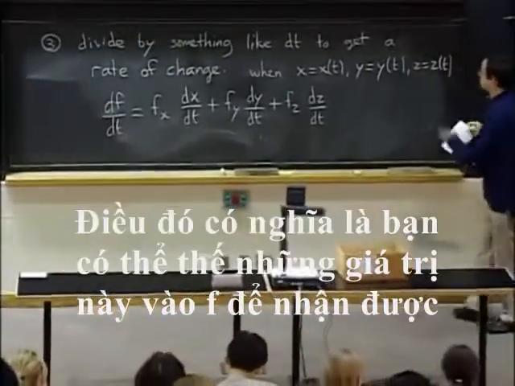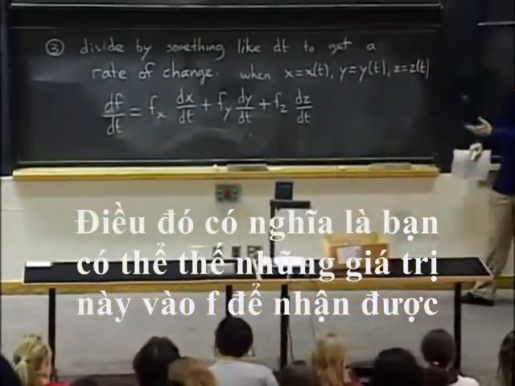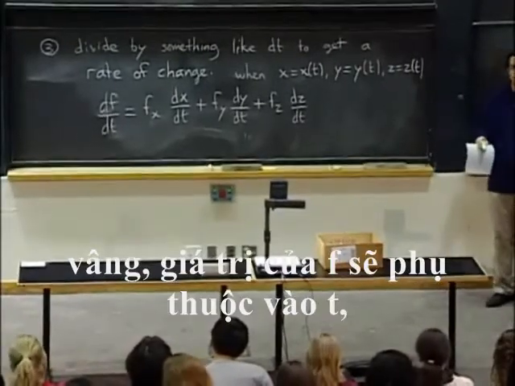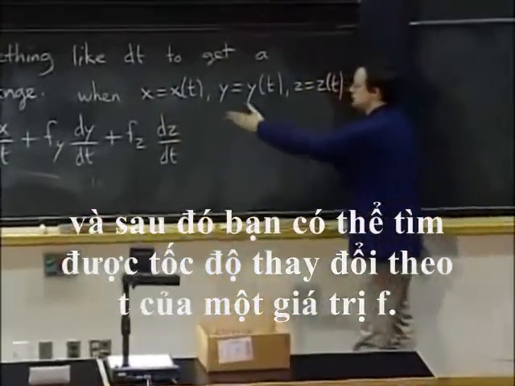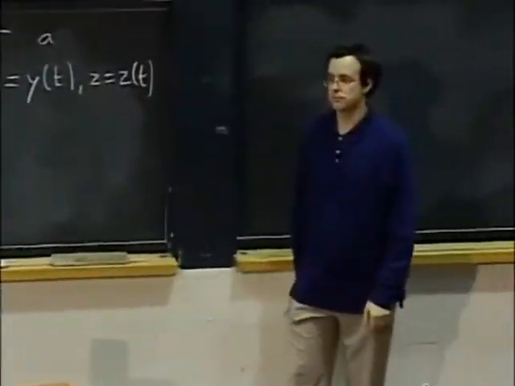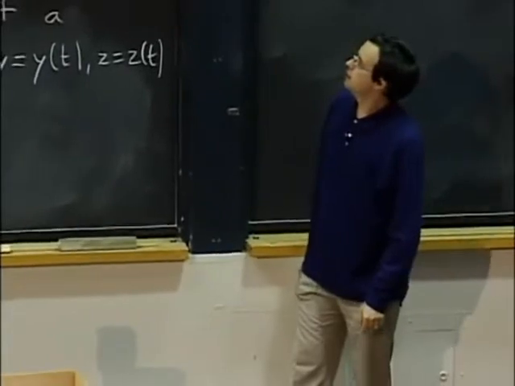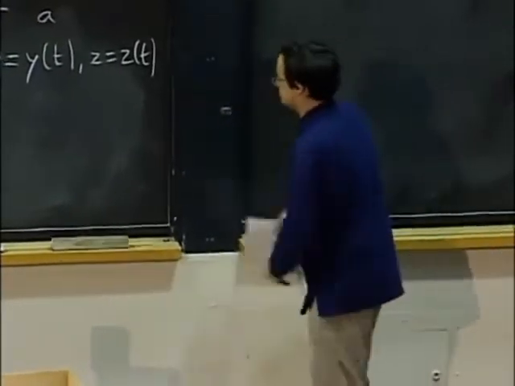Then that means you can plug in these values into f to get, well, the value of f will depend on t, and then you can find the rate of change with t of the value of f. Okay?